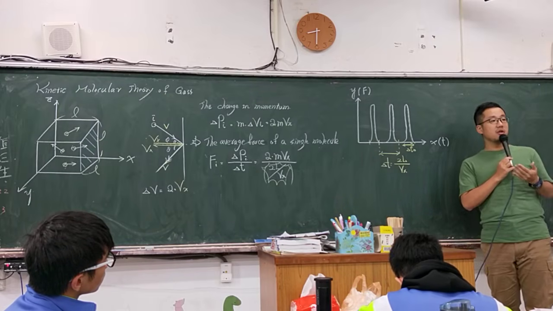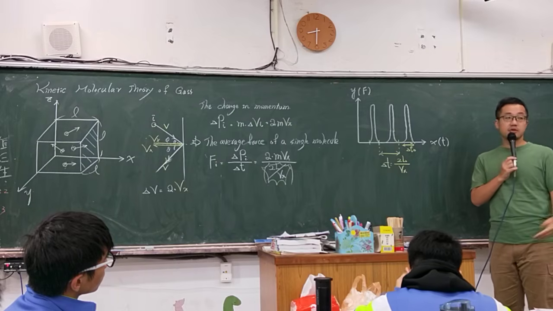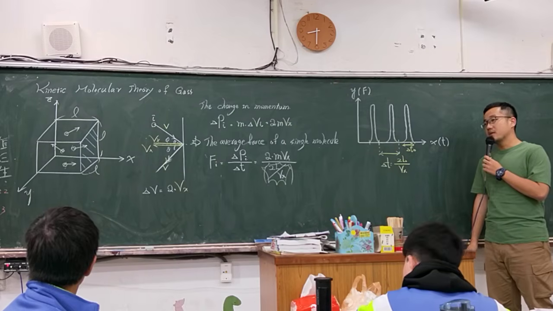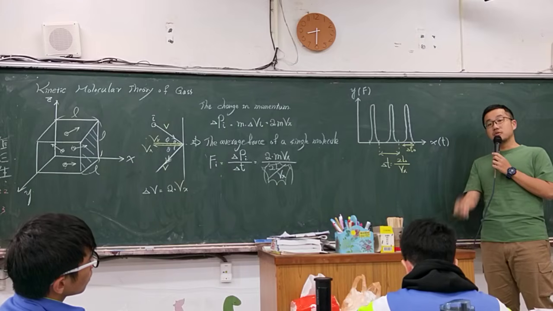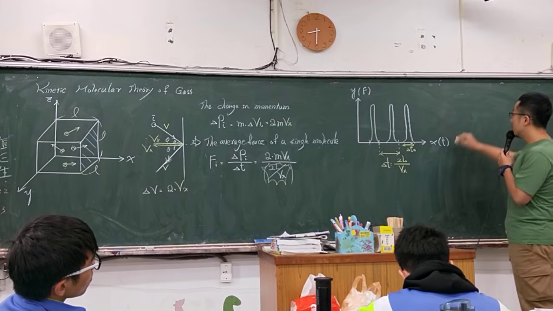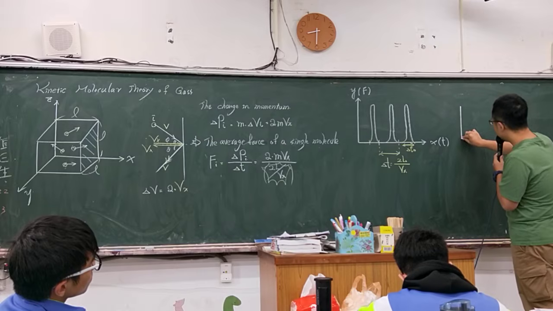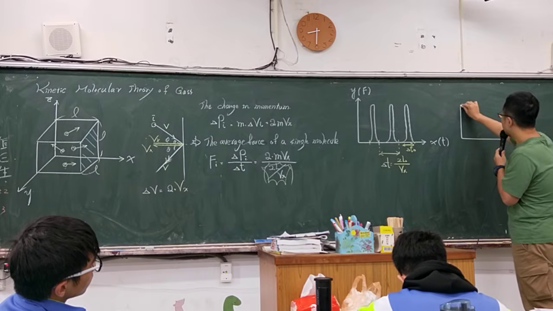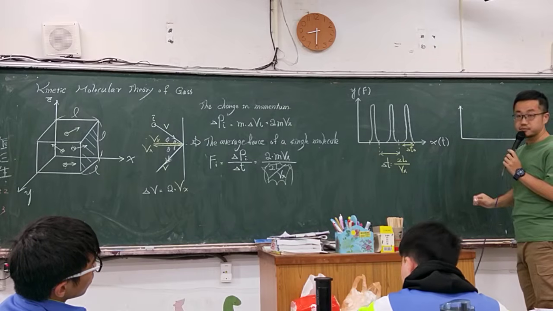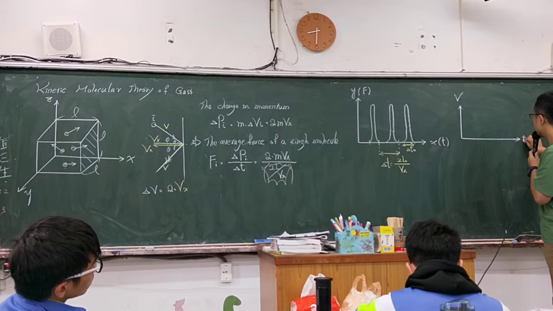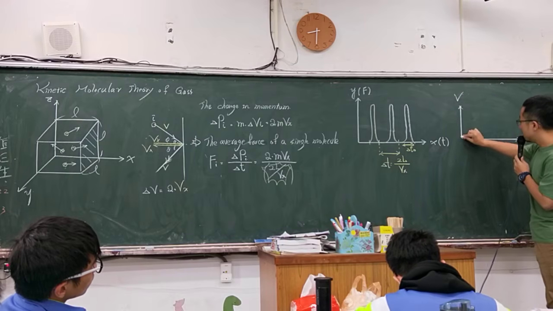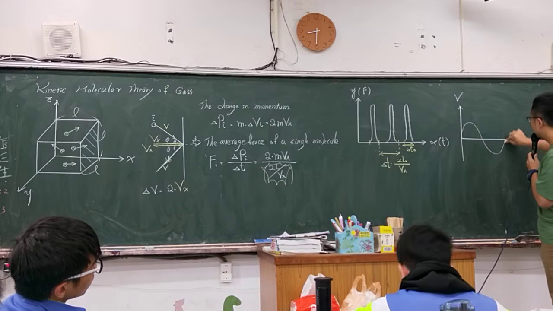Maybe you are now charging your cell phone nearby the wall, and the output voltage is around 110. But as we all know, the power is AC current. It oscillates like a sine function.